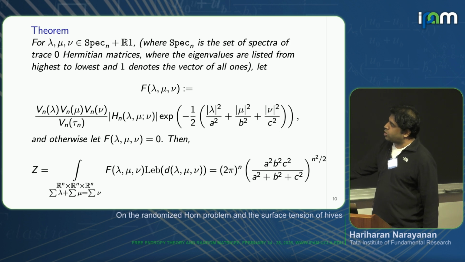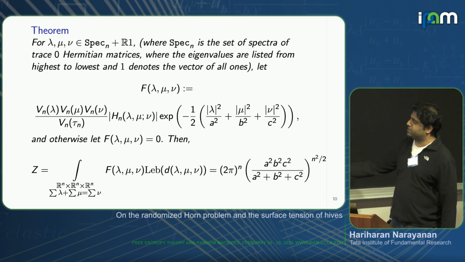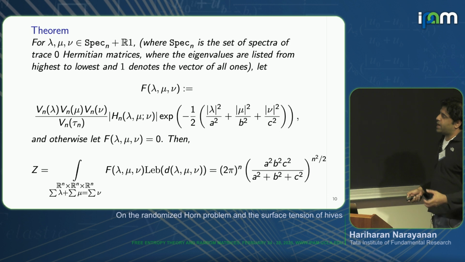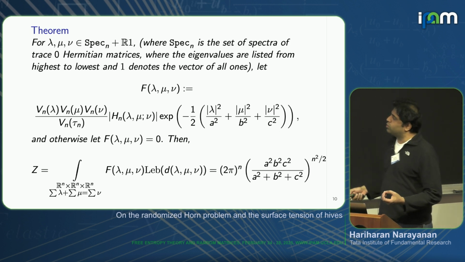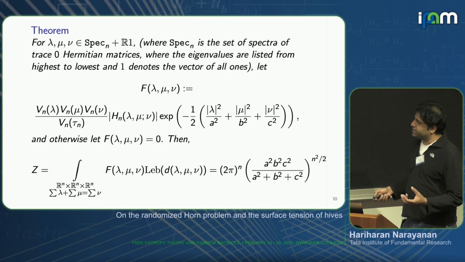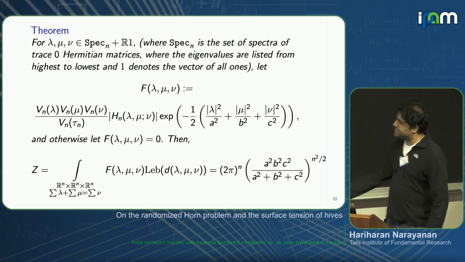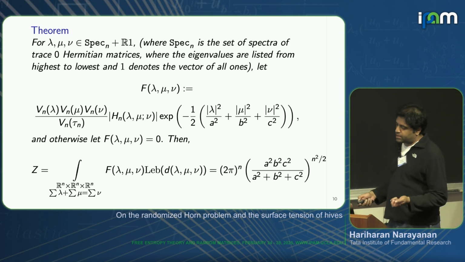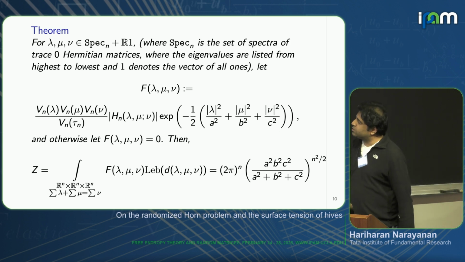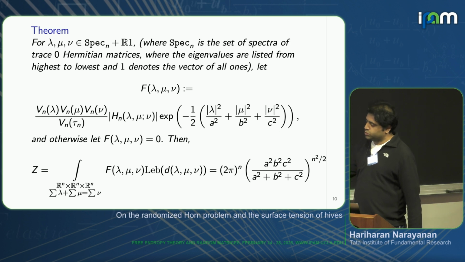This is the volume of the Horn polytope with boundary lambda, mu, and nu, and this is a Gaussian that we are multiplying by it. So the idea is that you have some sort of log concave measure on this cone of triples of spectra, which add up in this nice way. The traces add up. And from that, we're going to get some information about the quantity H_n(lambda, mu, nu).